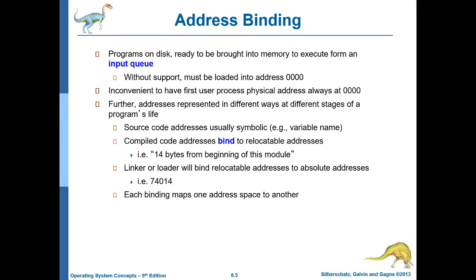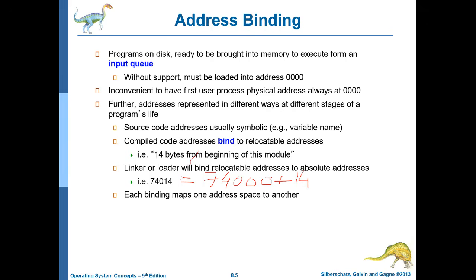Okay, so here I will write just for information that this will be the result of 74000 and then 14 bytes from start. So it will give you this effect of 74014, and this conversion of address from, let's say, relocatable to absolute addresses is known as address binding.